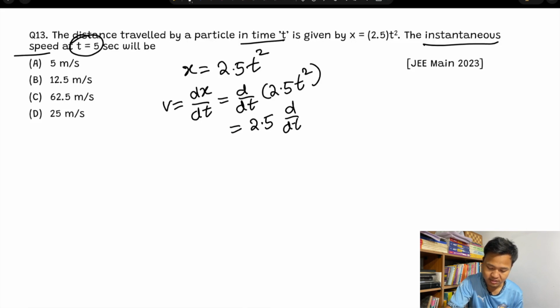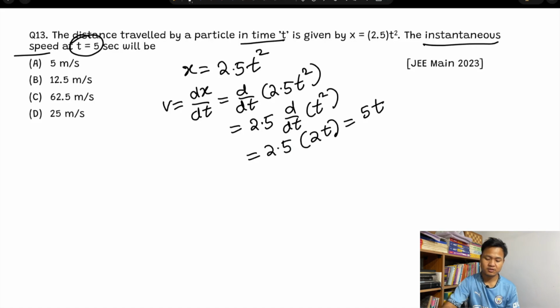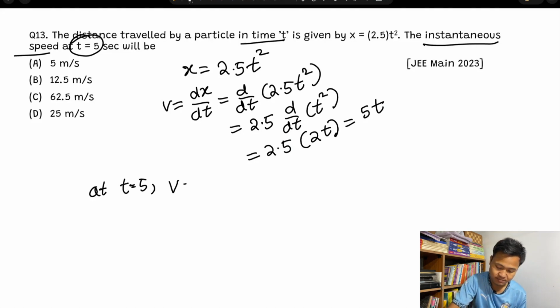So 2.5 into 2t, that means 5t. At t equals 5, v equals 5 into 5, so that means 25 meter per second. Okay, so simple.